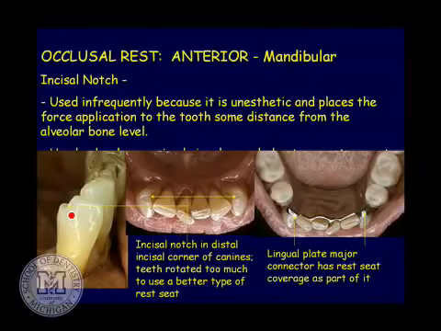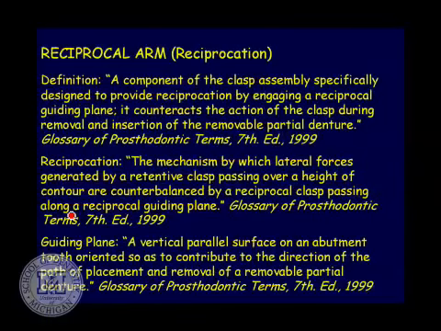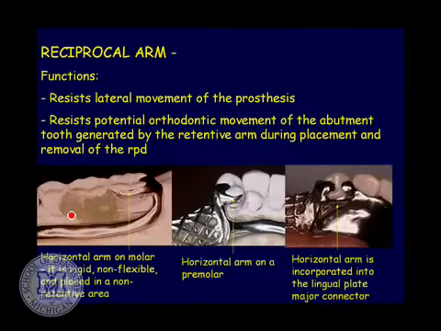You can read that definition as easy as anybody can. A reciprocal arm as part of your primary retentive unit, you're going to have an occlusal rest, you're going to have a clasp arm over here at the buccal, and then a thicker lingual reciprocal arm. Here's one on a bicuspid. Now a lingual plate, if it crosses the lingual of the tooth, can also act as a reciprocal arm.